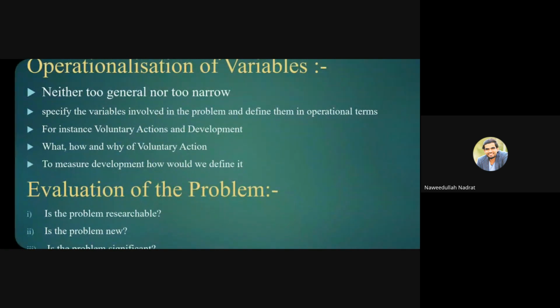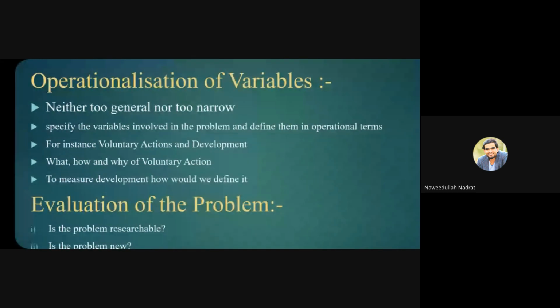What we mean by operational terms is to make something researchable. If it is too wide, too general, it is not researchable. You can't conduct a complete study about it. So for instance, we are specifying the health of rural women as reproductive health of rural women.